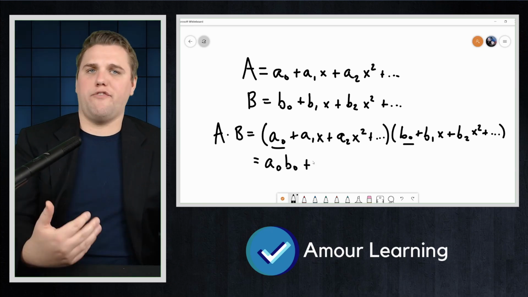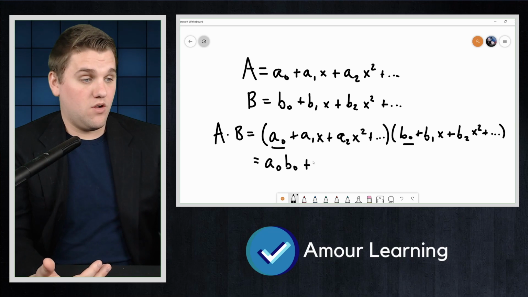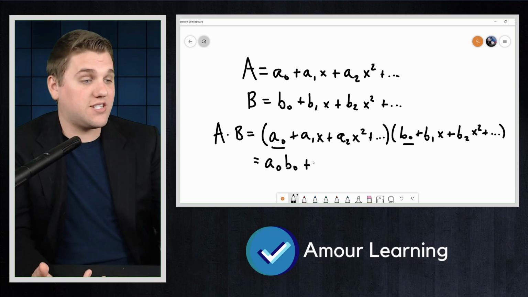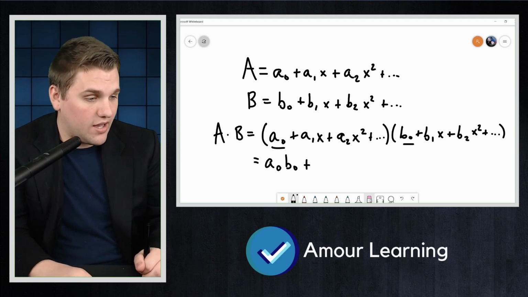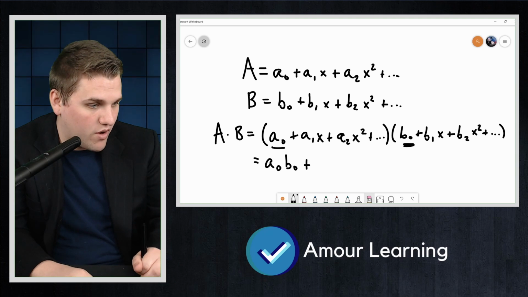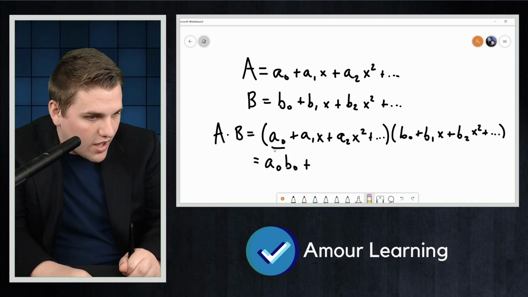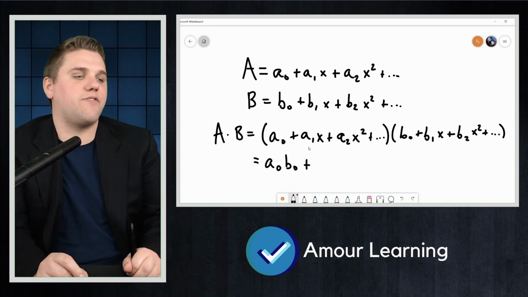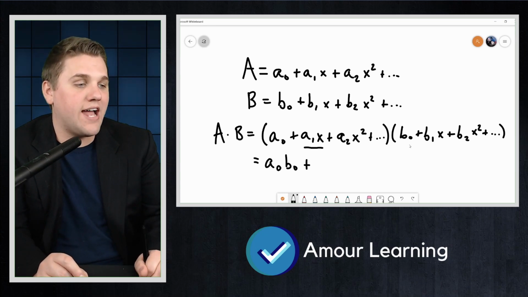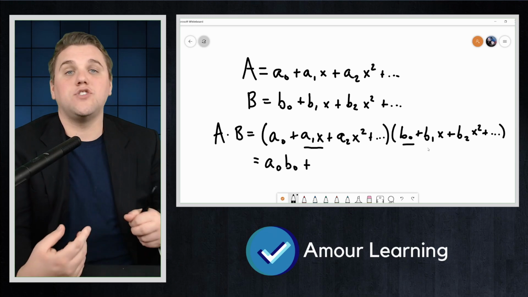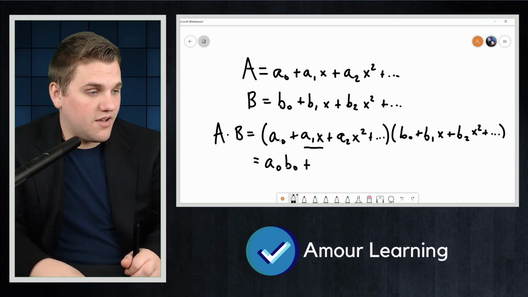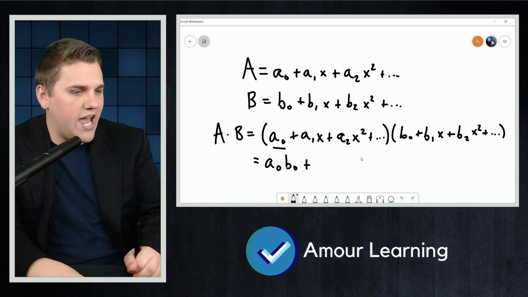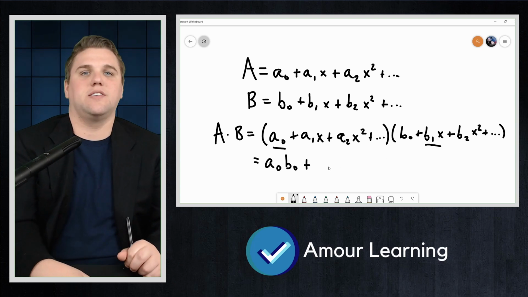What about the coefficient of x? Well, the only way to get x would be if we multiply, let me erase this so that I don't confuse anyone. The only way to get exactly 1x is if you multiply that term by that term. That gives you only 1x. The other way is if you do a0 and b1x.